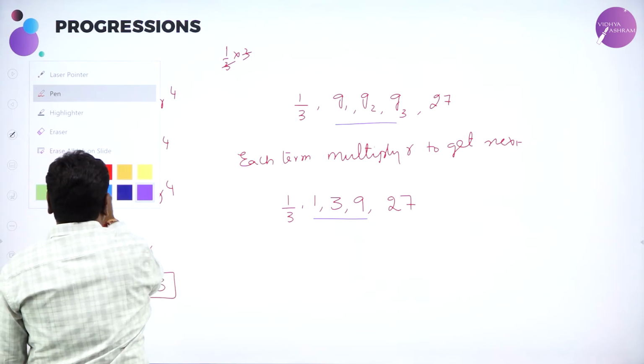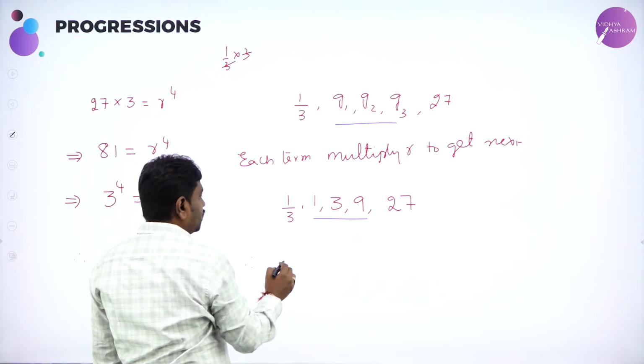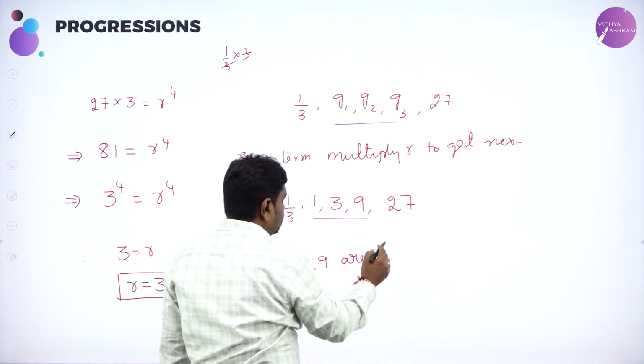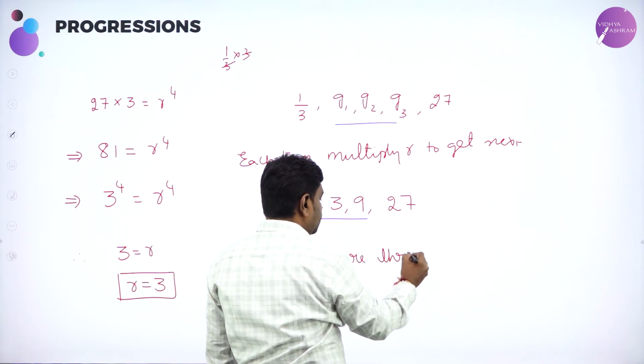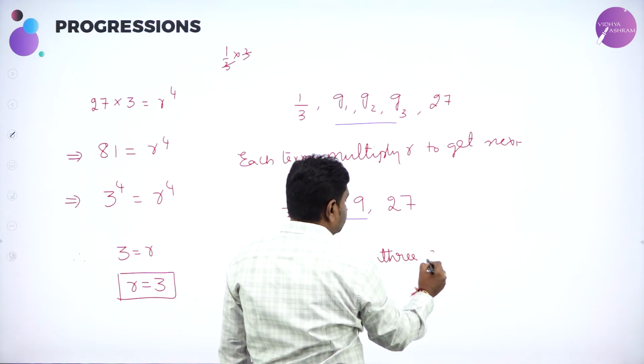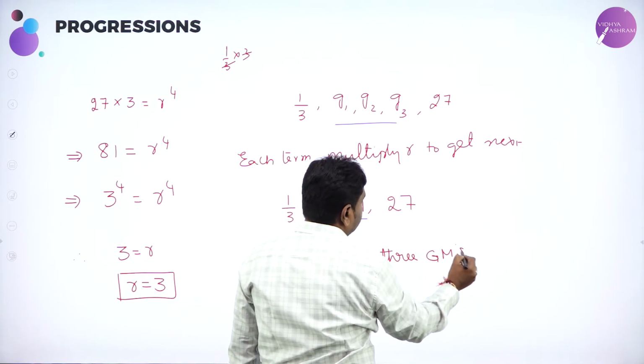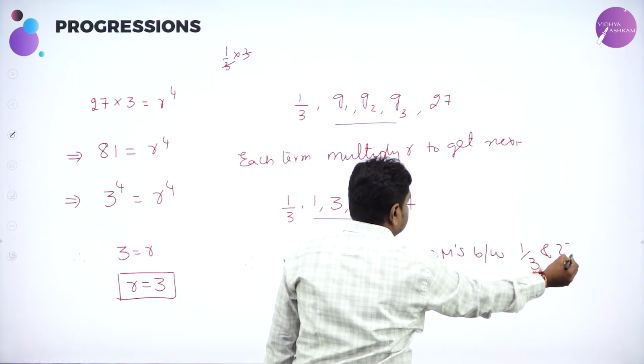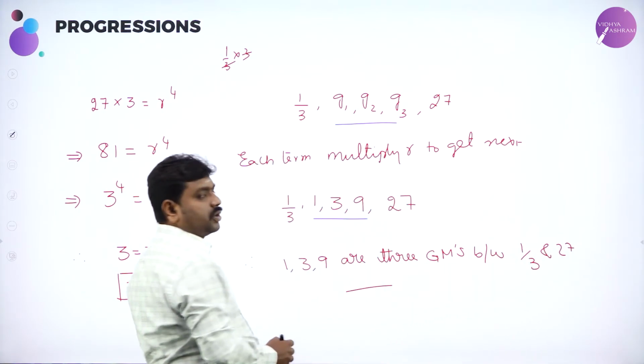Therefore, the conclusion: 1, 3, 9 are the 3 geometric means between the given numbers 1 by 3 and 27. That's the answer. I hope all of you got it.